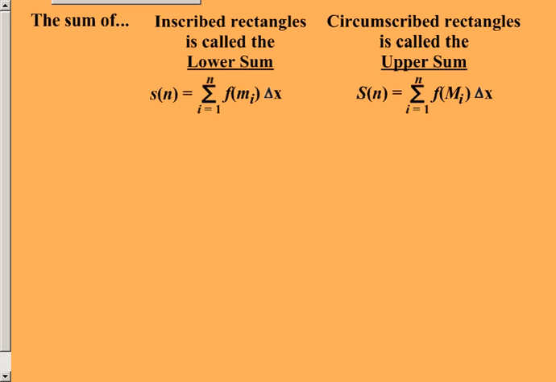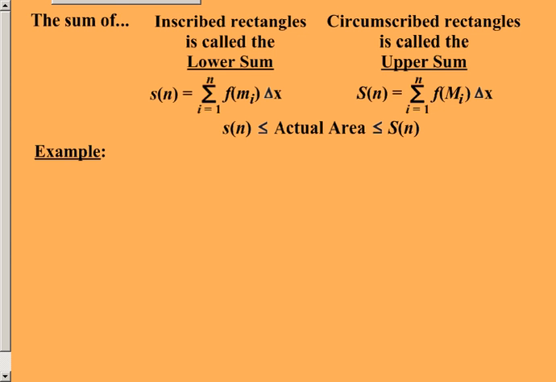So capital S of n, which is the upper sum, is equal to the summation from 1 to n of the function evaluated at the larger of the values. And of course, both of those are multiplied by delta x, which is the width of your intervals. So our actual area is somewhere in between the lower sum calculations and the upper sum calculations.